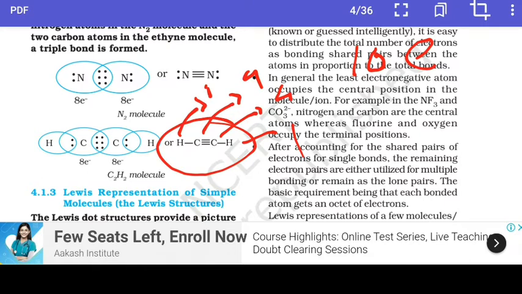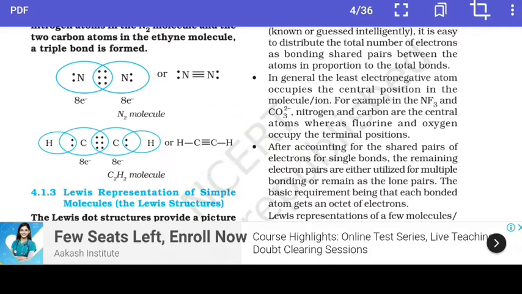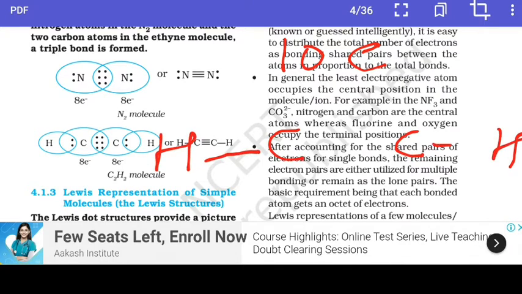Now we can make the structure like this, with 10 total electrons. Make the frame: 2 carbons and 2 hydrogens. First of all, attach each hydrogen to a carbon. Now we use 2 electrons from here and 2 electrons from here.